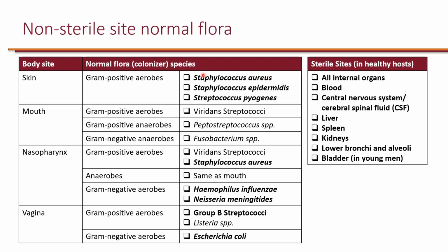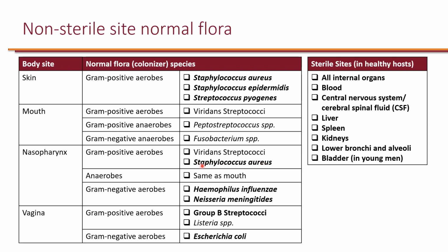But in the absence of any signs and symptoms of an infection, it's okay to have these organisms on the skin. That's part of the flora. There are obviously oral flora in the mouth: Fusobacterium, Peptostreptococcus, and Viridans streptococci. And for the nasopharynx, again, Viridans streptococci and Staphylococcus aureus.